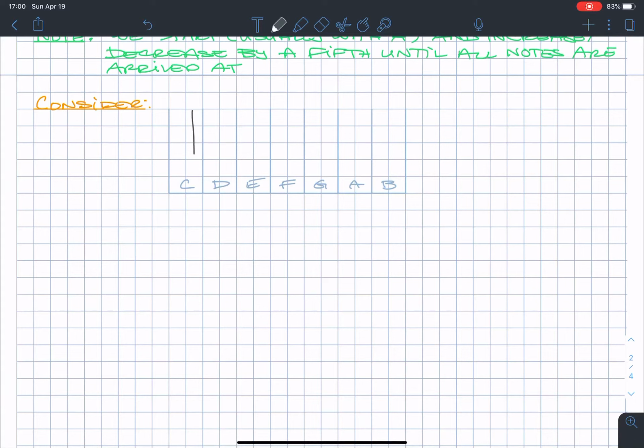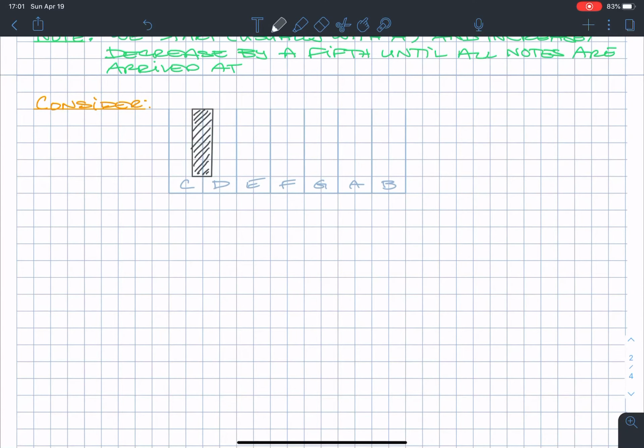Something like so. So that'd be C sharp or D flat. Let's see if I can make this a bit straighter. There we go. This would be E flat or D sharp, though I've never really heard of D sharp. It's more often just E flat.